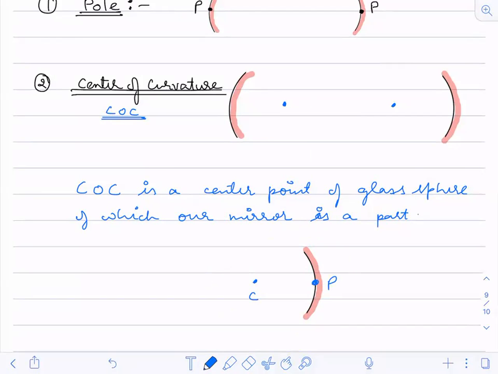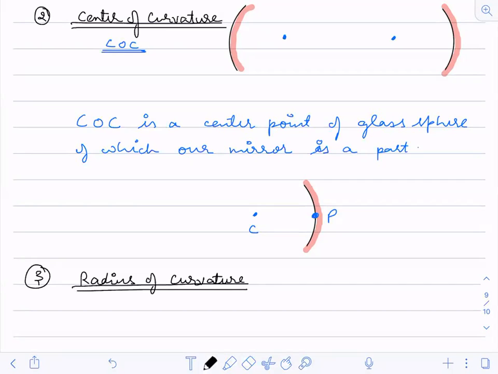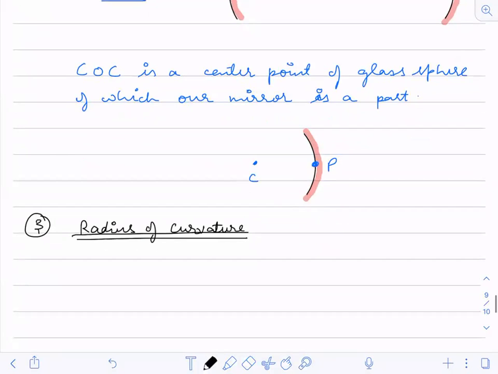Now, the next, the third point, is radius of curvature. What is the radius of curvature? It is the radius of the glass sphere of which our mirror is a part.